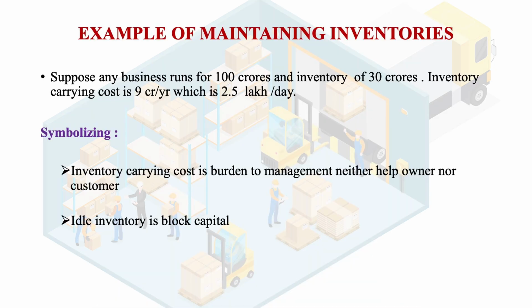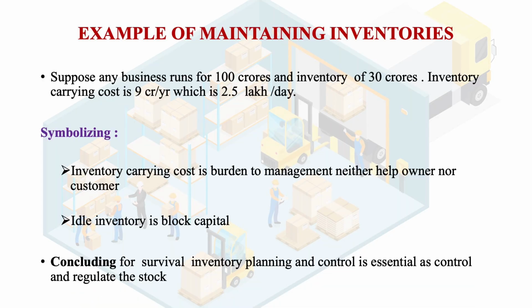It never helps the owner or the customer. The second point is that idle inventory is blocked capital. Idle inventory for so many years is blocked finance. A portion of finance is blocked, which becomes a liability for the company. Concluding, for survival, inventory control is essential to control and regulate the stock.